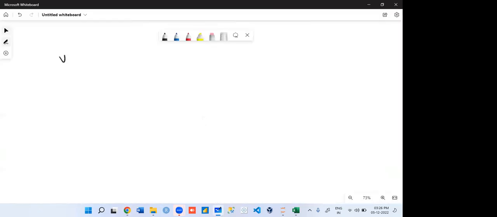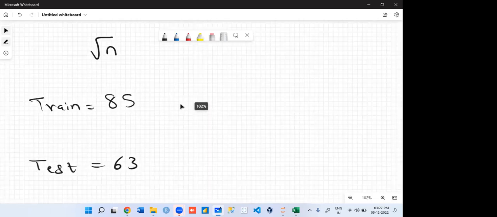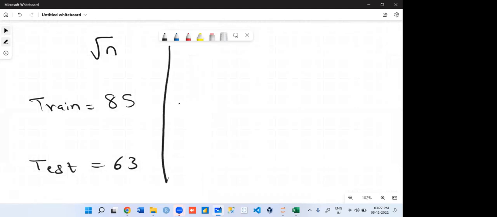Tried with the square root of n concept. Training accuracy was... priority 5 now. Now we are using random. Here also we have train. Here we also have test.